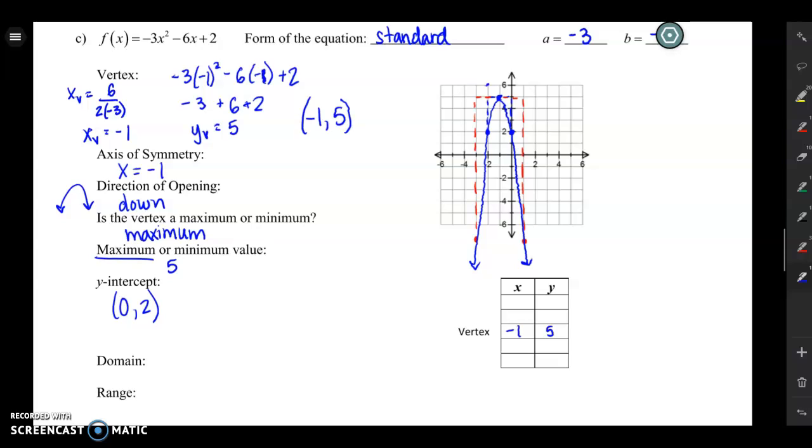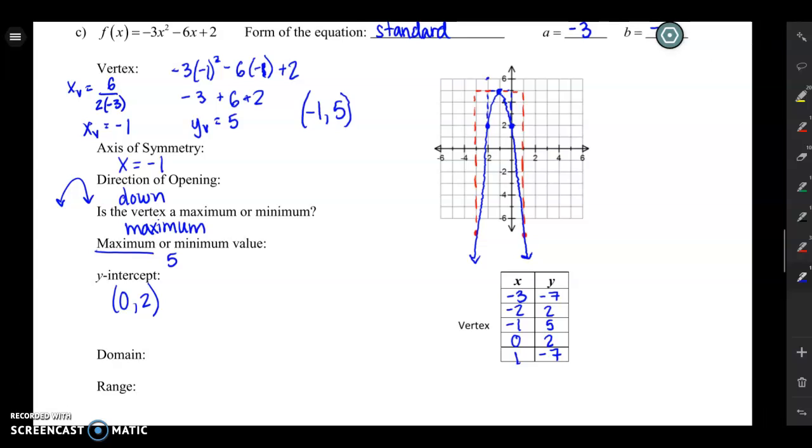So on the left side of our vertex, I had a point at -2, 2, and then a point at -3, and then it looks like I went all the way down to -7. And then on the right side, I had a point at 0, 2, and then at 1, -7.